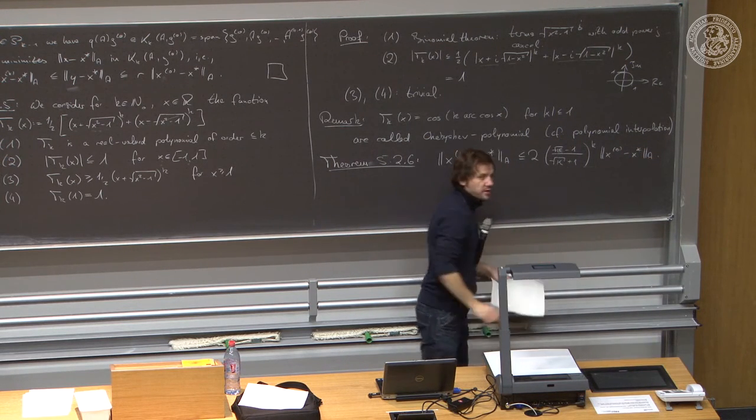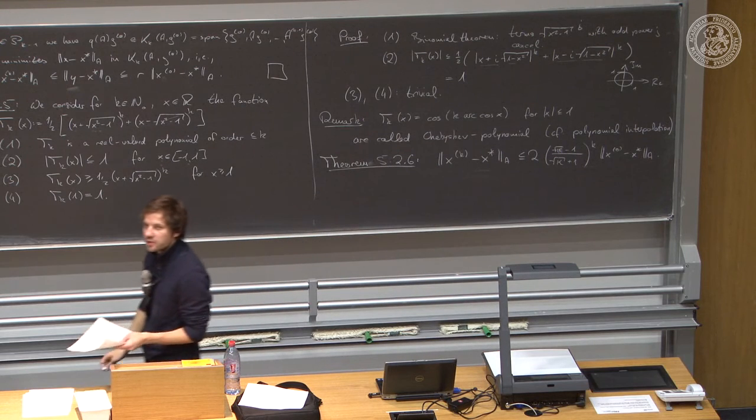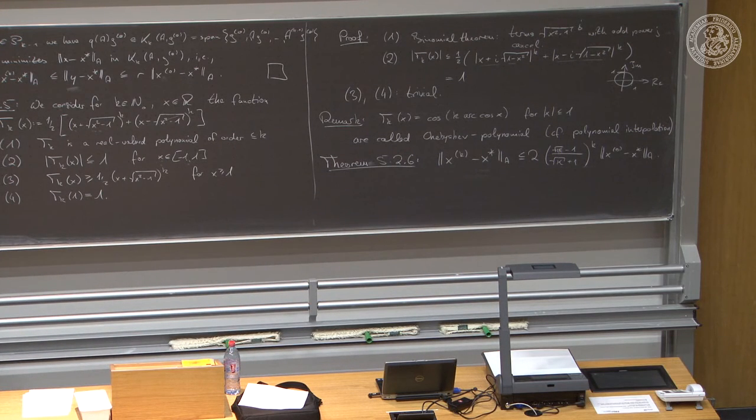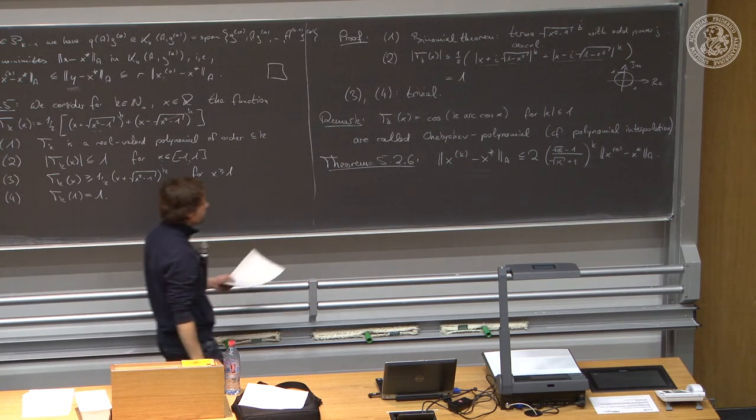So, and this kappa is the spectral condition number. That is nothing but the largest eigenvalue of A divided by the smallest eigenvalue.